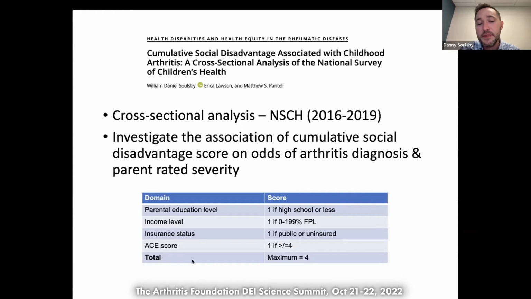And then this ACE refers to adverse childhood experiences, such as parental divorce, witnessing domestic violence, having a family member who's incarcerated, for example. Also would yield a score of 1 if they had a score of greater than or equal to 4.